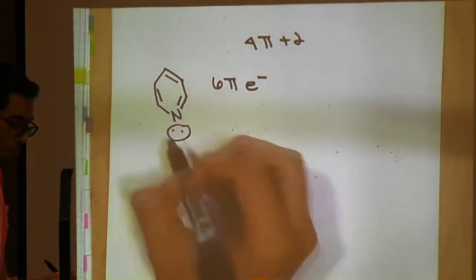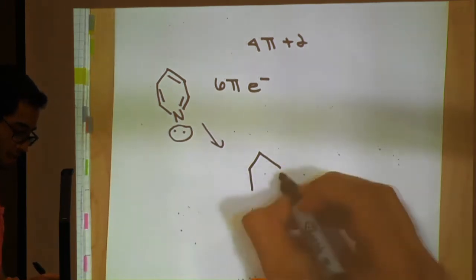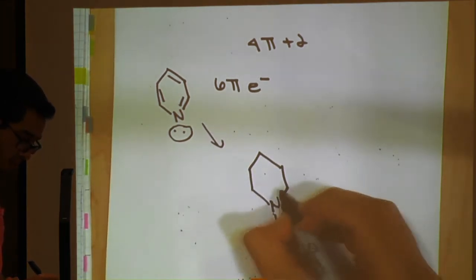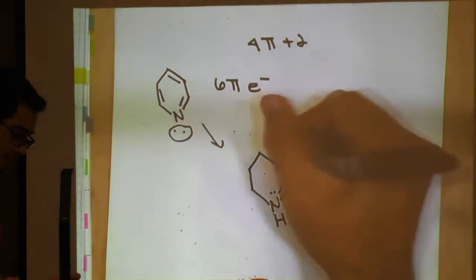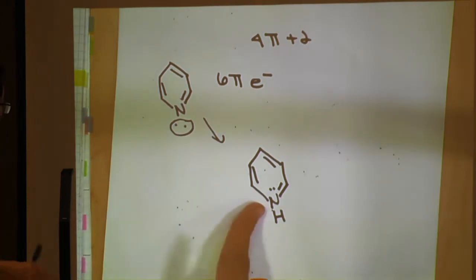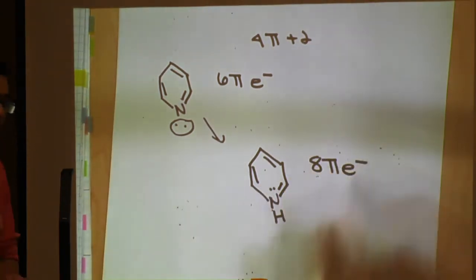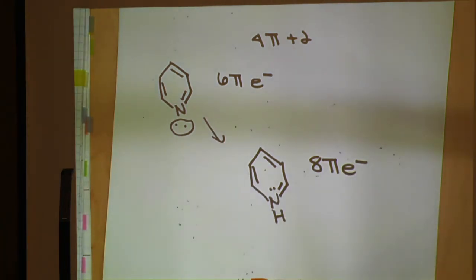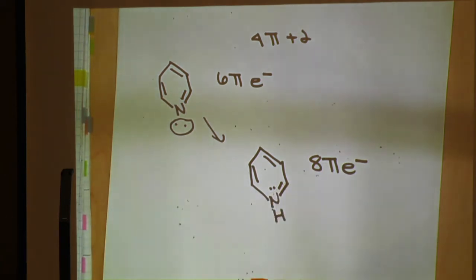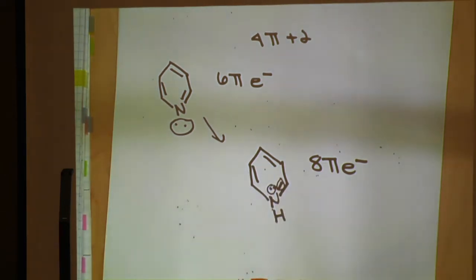Now, if this same structure, the pyridine, was protonated, now we have this. Well, now these electrons do count towards it, and now we have 8 pi electrons. But we also have multiple problems now, because we're not conjugated, because we have 2 groups of pi electrons right next to each other, not a bond length away.